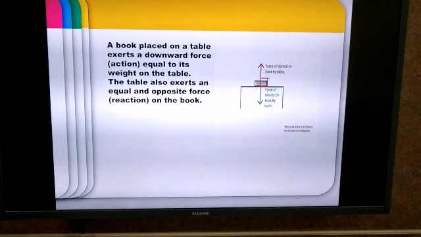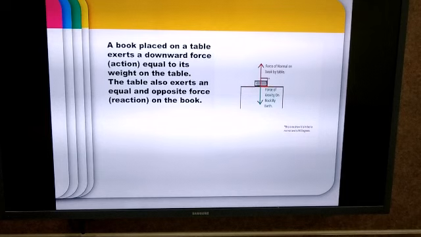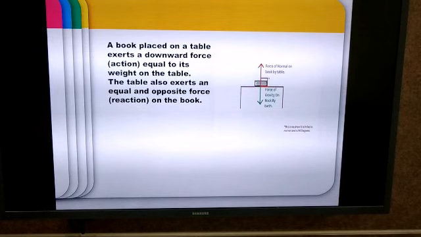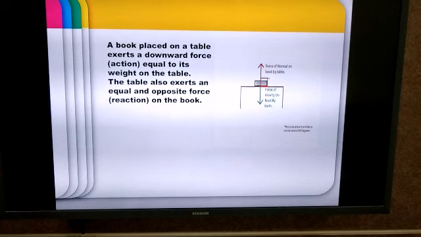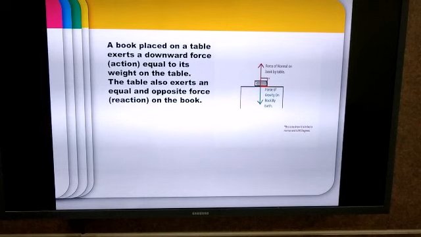Also, we find that the force of action and the force of reaction are equal in magnitude. For example, if the book exerts a force of 1 Newton on the table, the table will also exert a force of 1 Newton on the book. So the forces exerted by the force of action and the force of reaction are equal in magnitude.